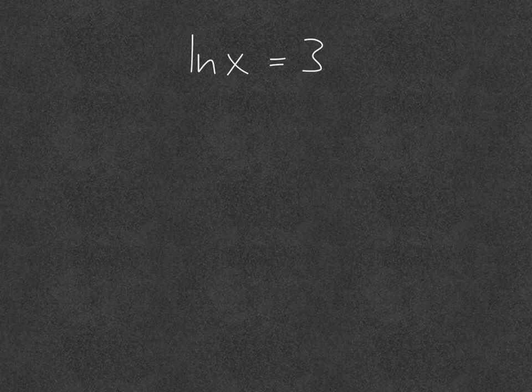Now, here we have a different example. ln x equals 3. So the natural logarithm to x is 3. And again, the purpose is to find x. Now, we have a very similar rule for the natural logarithm.